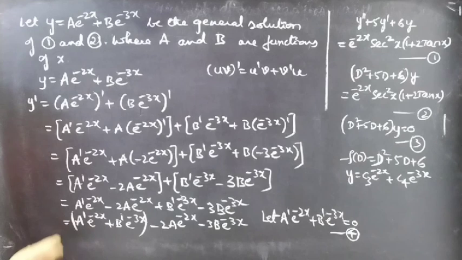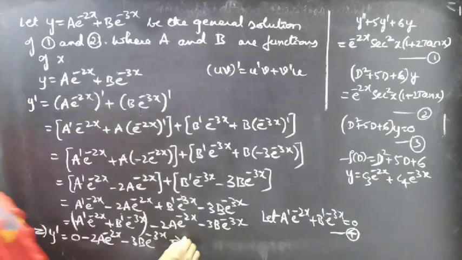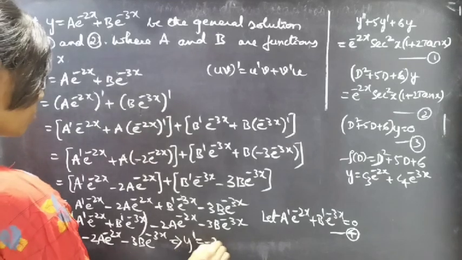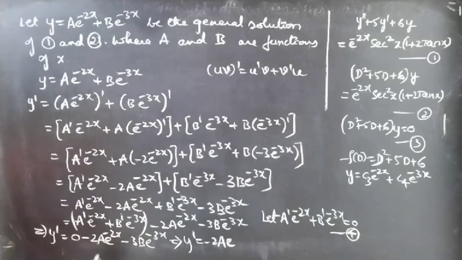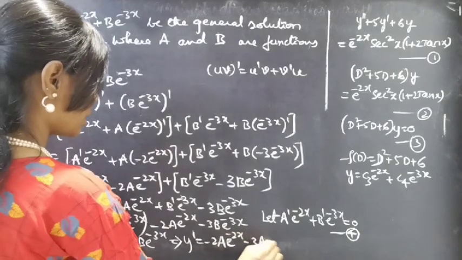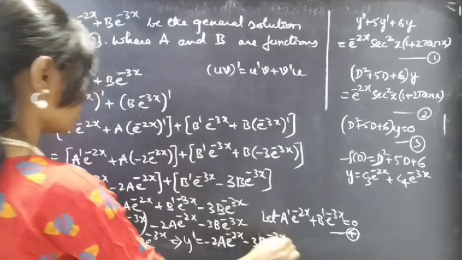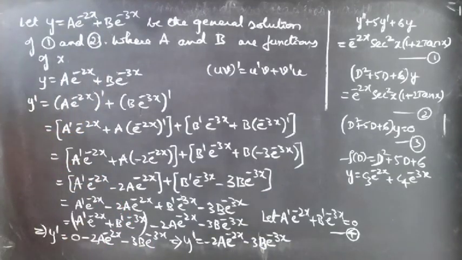Now y dash becomes 0 minus 2a e power minus 2x minus 3b e power minus 3x, which gives us y dash equals minus 2a e power minus 2x minus 3b e power minus 3x, right?